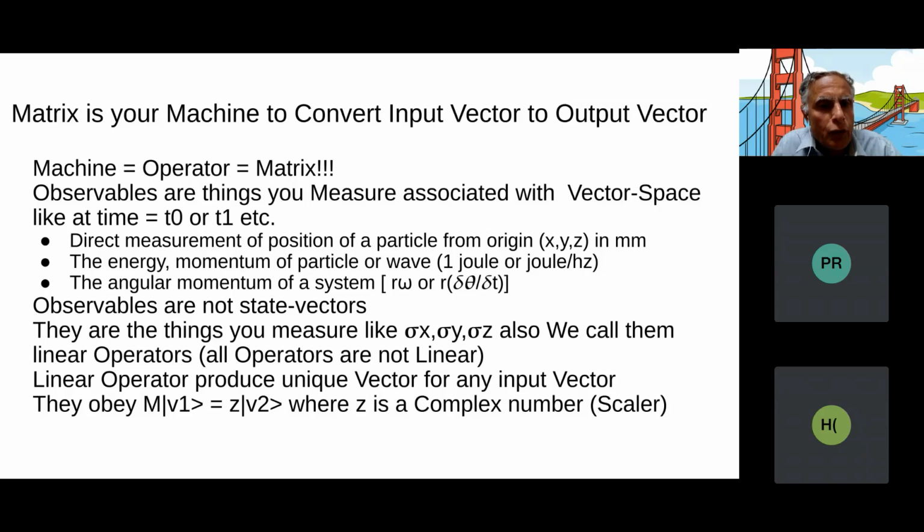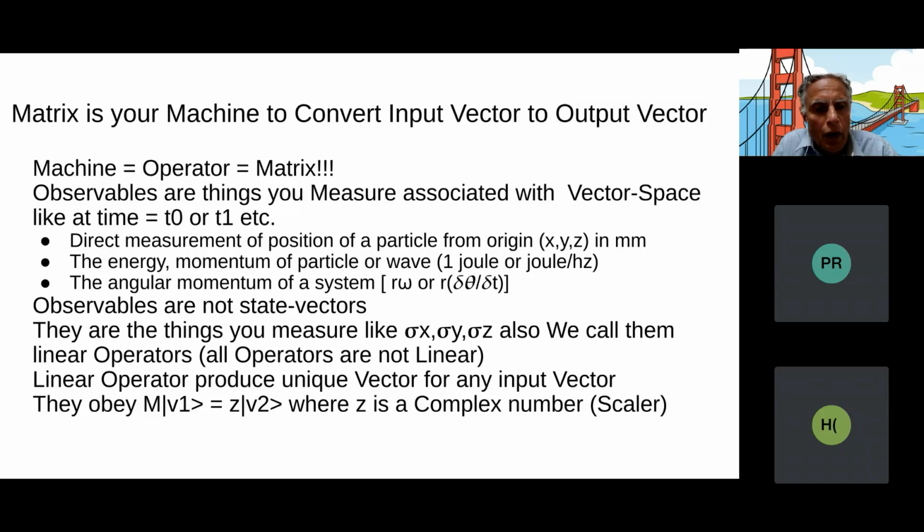The observables themselves are not state vectors; they are the things you measure. Like sigma x, sigma y, sigma z, we spoke about these matrices. Those are the ones you measure, and we call them linear operators. Why linear operator?